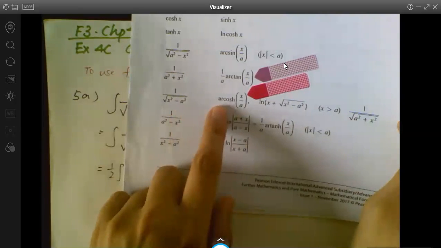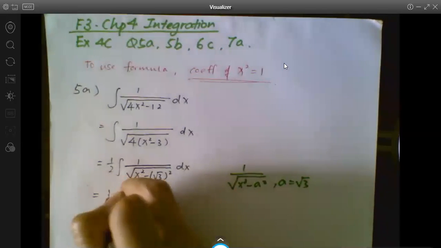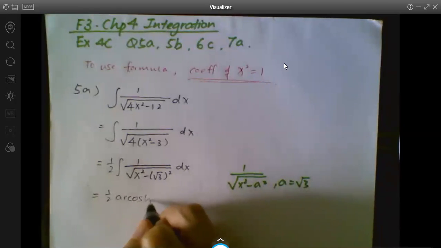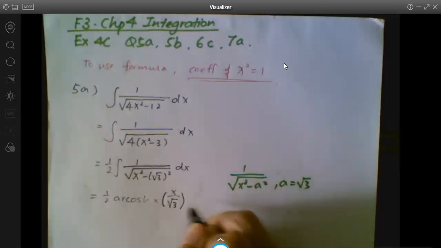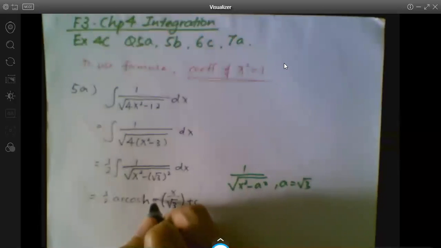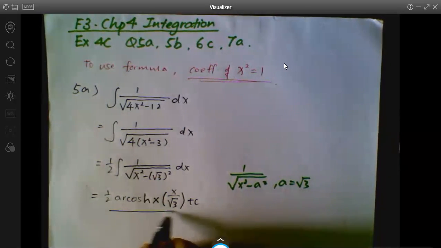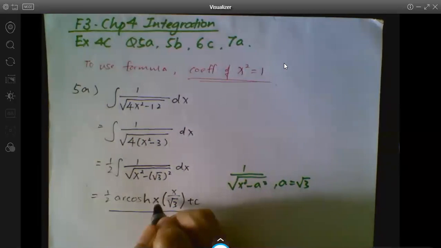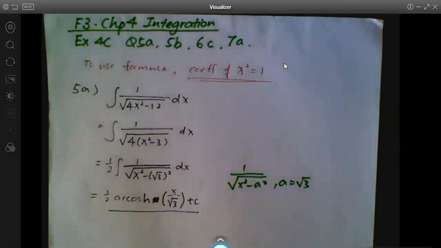And it will be arc cosh. Now, this is it. If you want, you can convert your arc cosh into ln, depending on the requirement of the question.